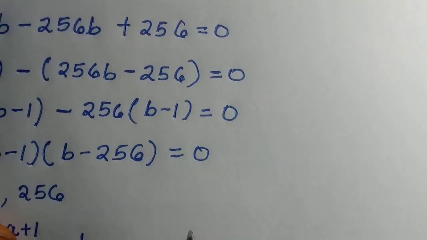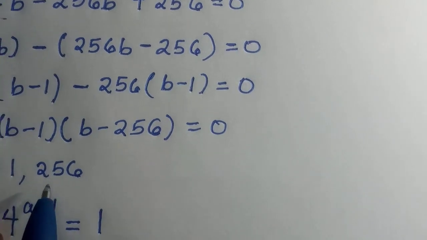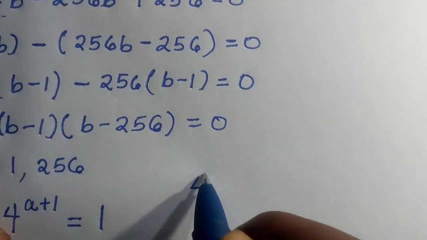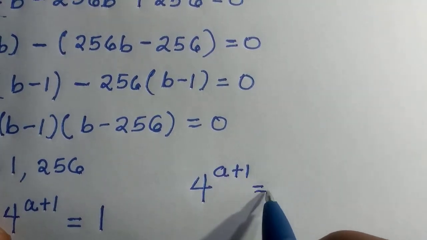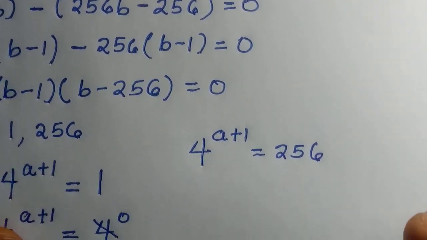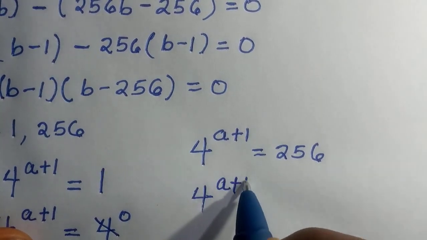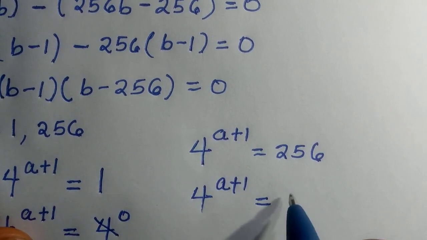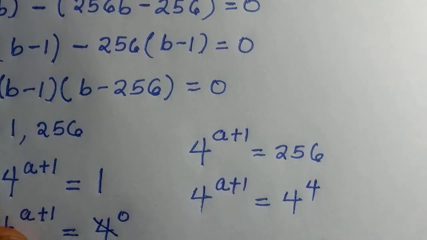And again, when we have the second one, which is 256, we are going to write it as 4 to the power of a plus 1 equals 256. Then 4 to the power of a plus 1 equals, we can write it in exponent form as 4 to the power of 4.